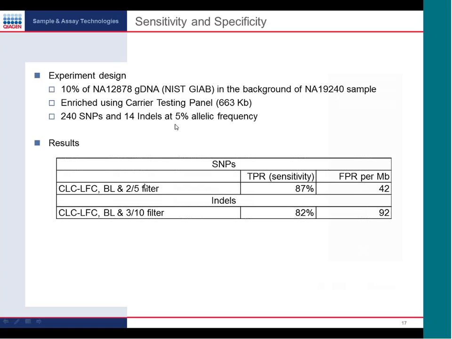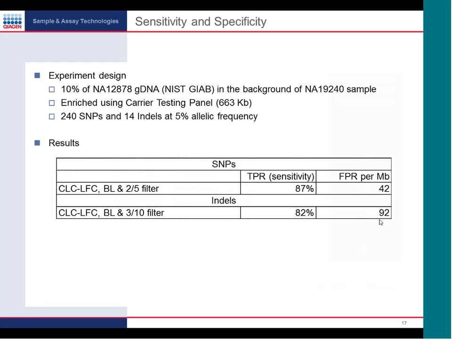Now, if you look at the results with the whole universal workflow, all the way from sample to result using the Kai-chain workflow, we get a sensitivity of 87% with 5% mutation detection, and the false positive rate is around 42 base pairs per megabase. In case of indels, the sensitivity is 82%, with a false positive rate of 92 per megabase.